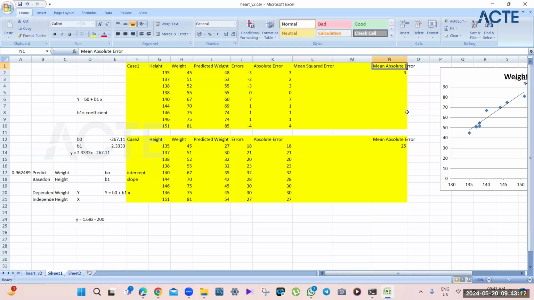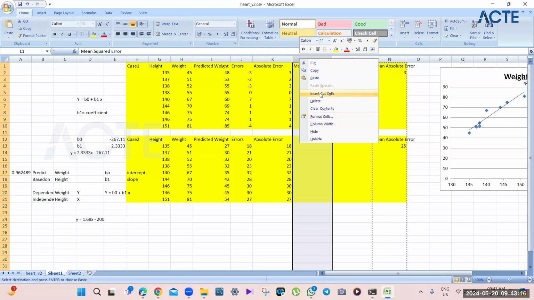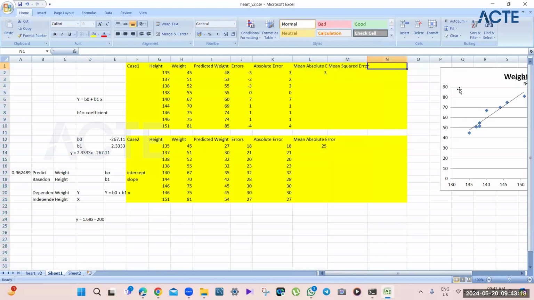Oh, sorry, this will be here. Mean squared error, root mean squared error. Now, how to calculate this? I'll show you.